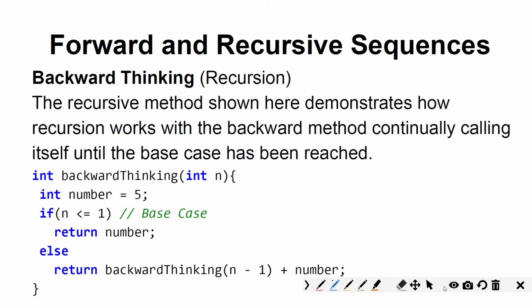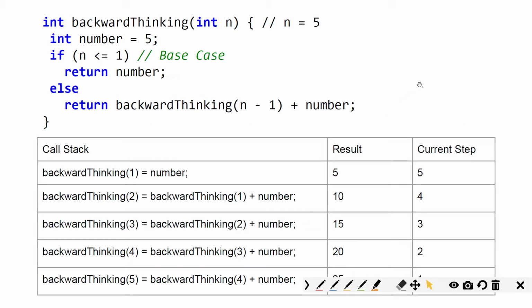Okay, now we're moving forward, and here I write in the table because first I need to explain, and later when you're reading the slides, it's easier to understand how it works. You have backward thinking, you have recursion, and the call stack here, and the current step, which means you need to look from the bottom.